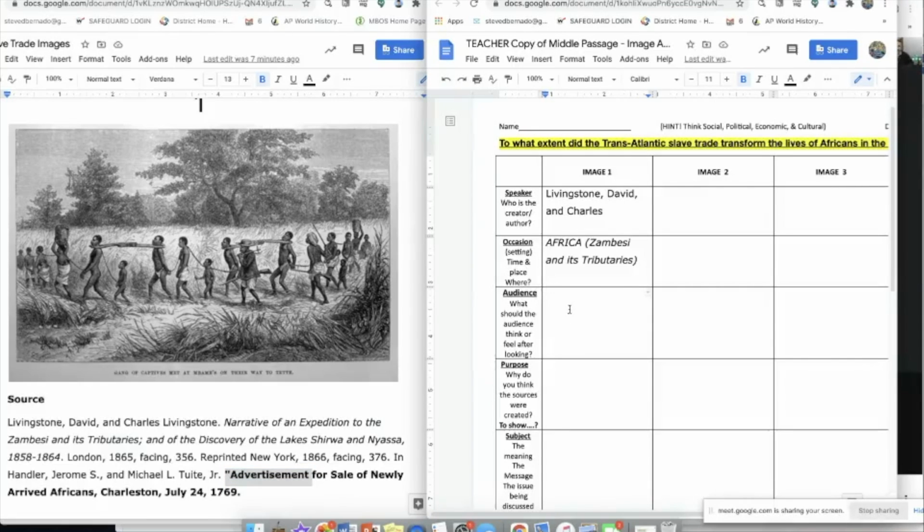So, who is the audience? People who want to buy Africans in Charleston, Virginia, as property.